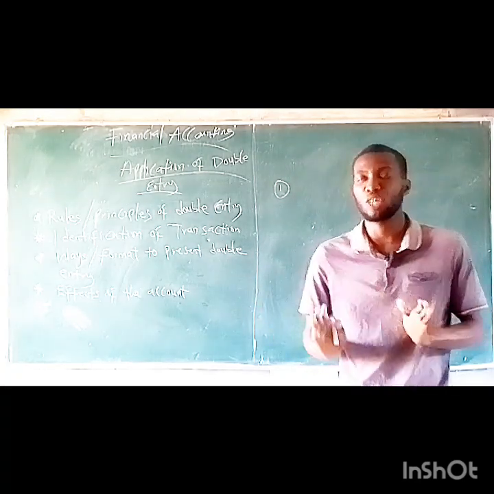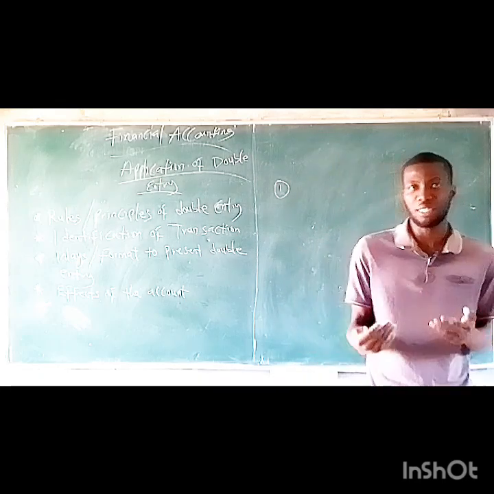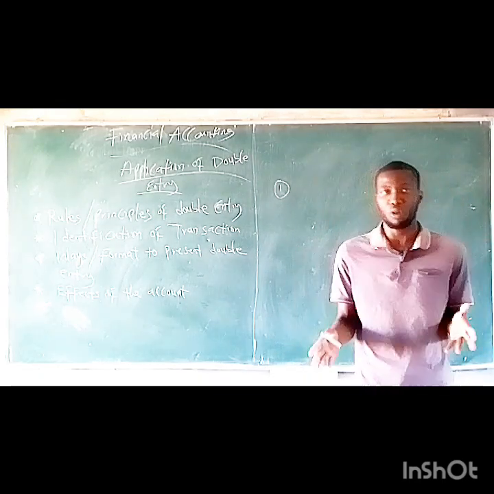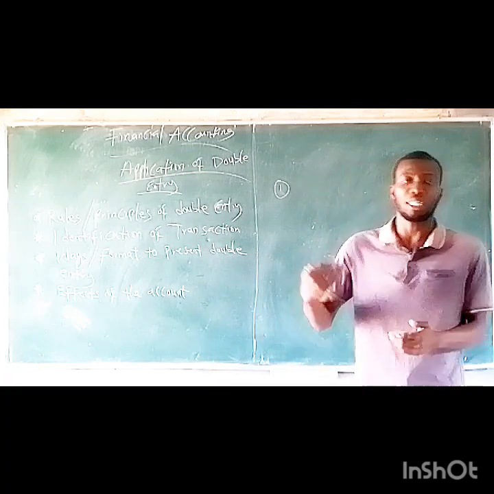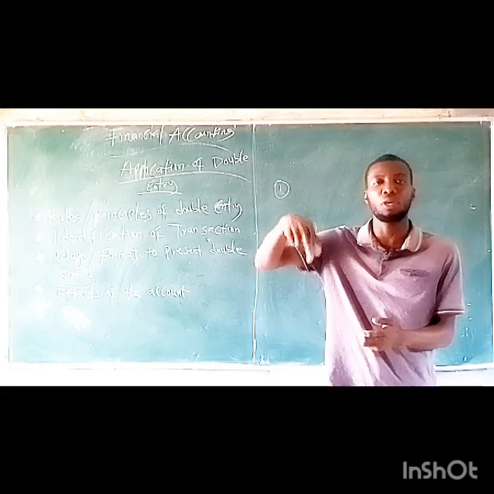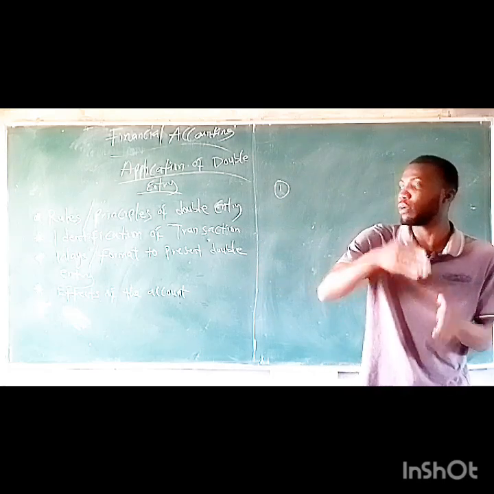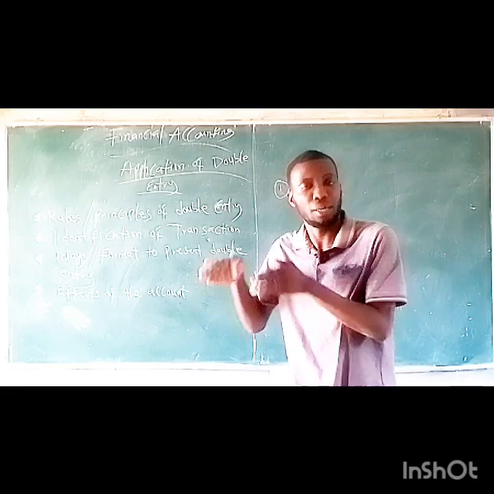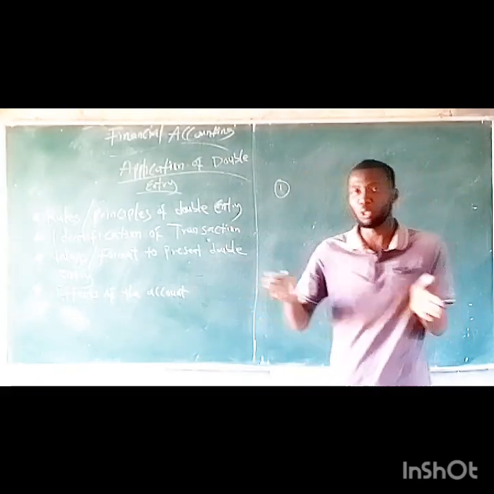So when you are making a transaction, there must be at least two parties involved. Maybe the buyer and the seller. Sometimes it might be three parties. When I mean three parties, that means there's the bank. For instance, we have the buyer, the seller, and the bank. Maybe the bank is the intermediary, that is the agent in between.